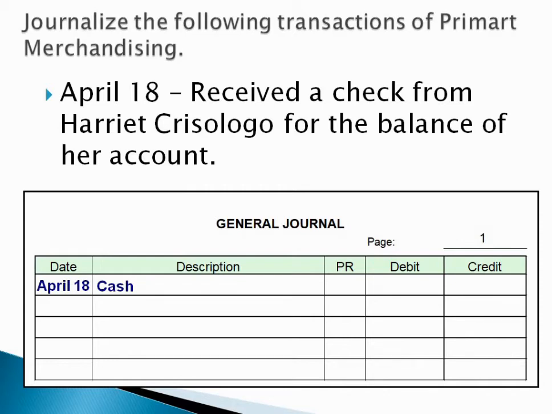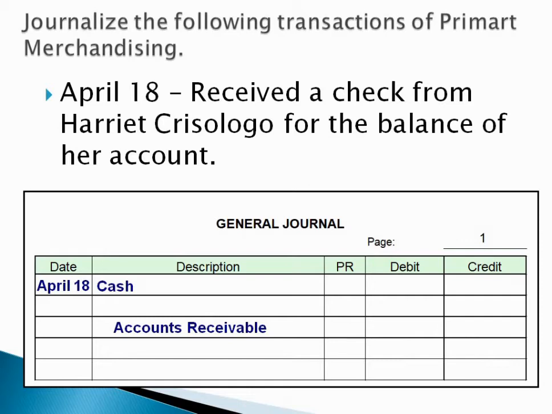That accounts receivable was the reason why Harriet subsequently issued a check to Primark on April 18. When Primark Merchandising received the check, what do you think happened to Primark's accounts receivable from Harriet? It decreased. And to decrease accounts receivable being an asset, we have to credit it.